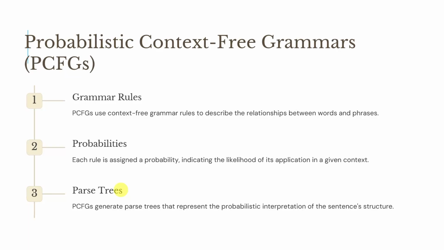How much probability is present between the words and phrases is calculated by this model, the probabilistic context-free grammar. Also, a likelihood is assigned to each rule to identify the likelihood of its application in the given context. We also generate the parse trees, which represent the probabilistic interpretation of the sentence structure.